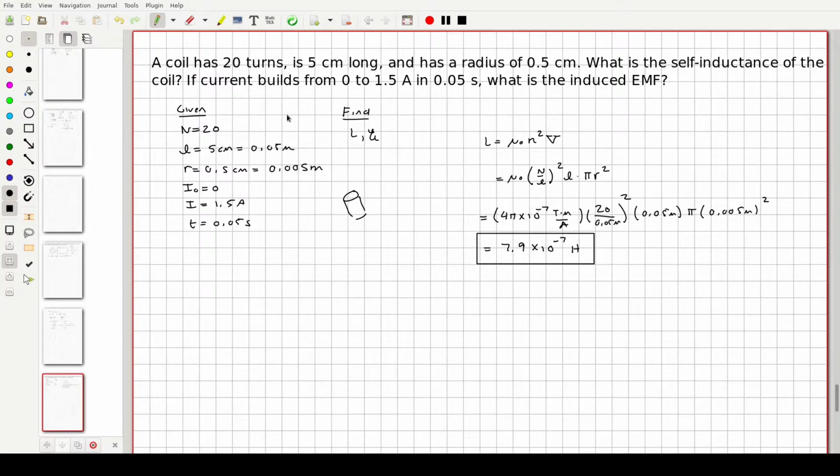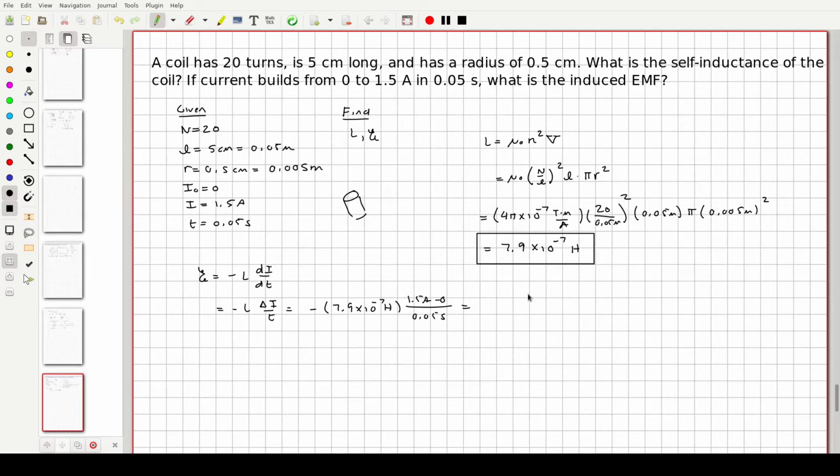Now the next thing is what's the induced EMF? Well, we know the induced EMF is going to be minus L di dt. Or in this case, because we're given discrete points, minus L delta I over delta t, or 7.9 times 10 to the minus 7th henries times 1.5 amps minus 0 divided by t, which is 0.05 seconds.